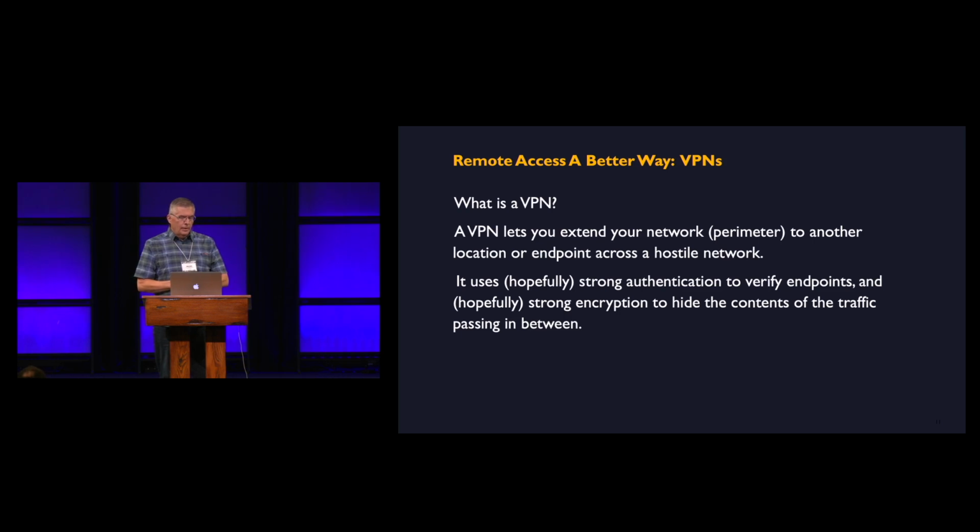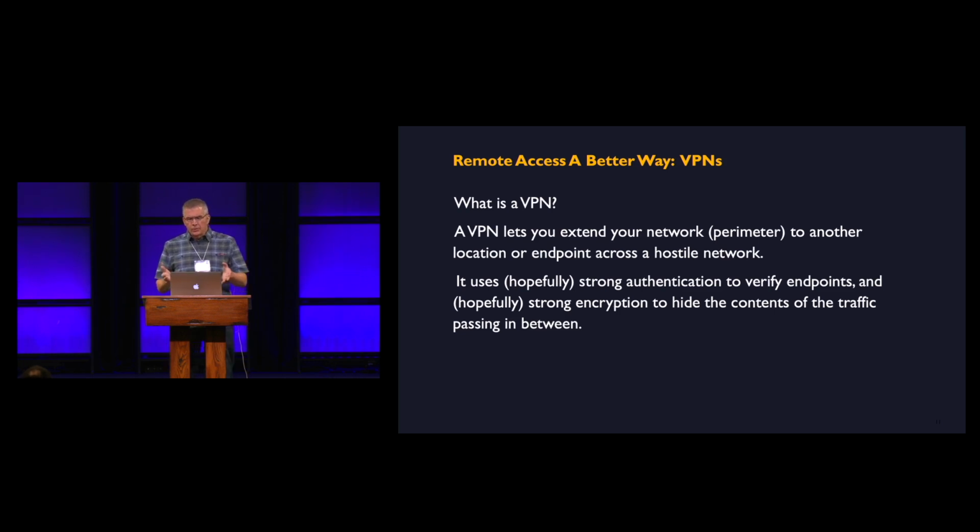A better way to tackle this problem is using a VPN, a virtual private network. That's what a VPN stands for. So a VPN lets you extend your network, that perimeter that we talked about, like the studio network or some other network, or like your church network, right? All of these things, by the way, for the pastors in the room, you can do this for your radio station. If you have things you want to be able to get to at your church remotely, you can do the same thing, right? The same rules apply.